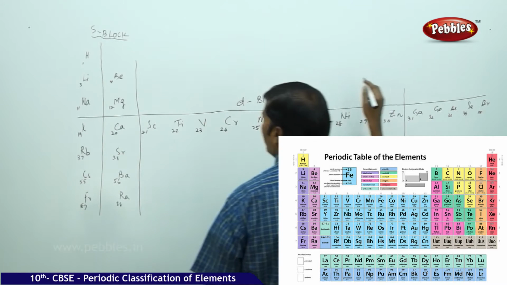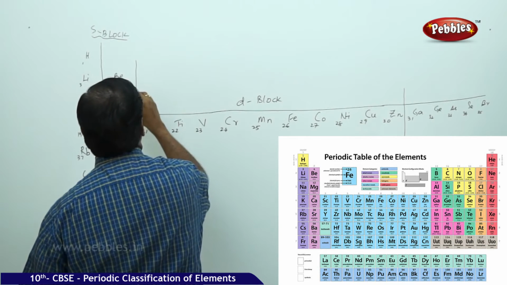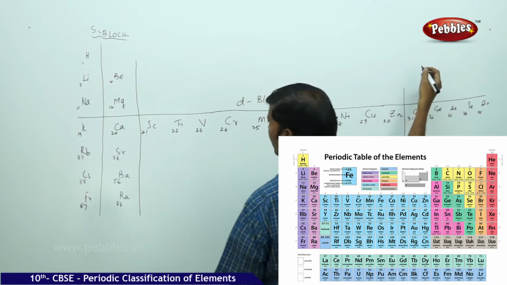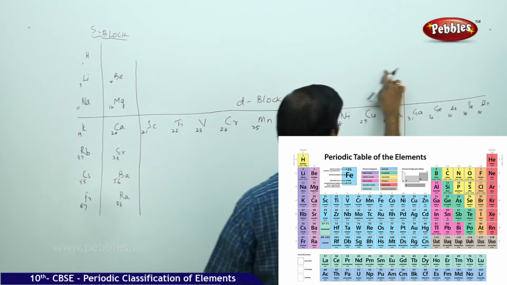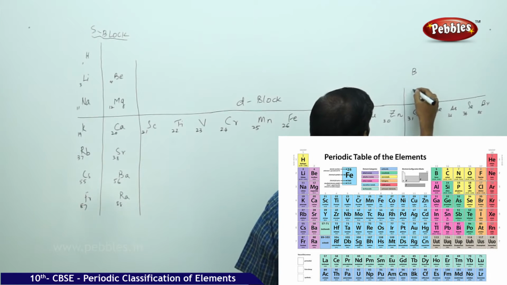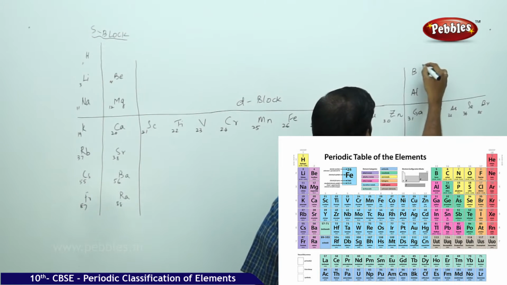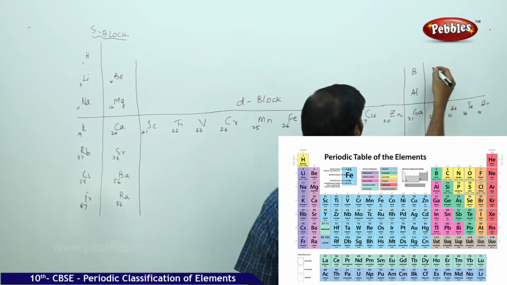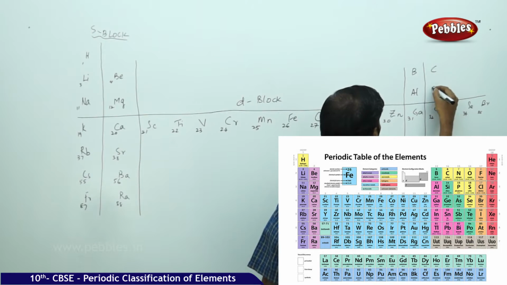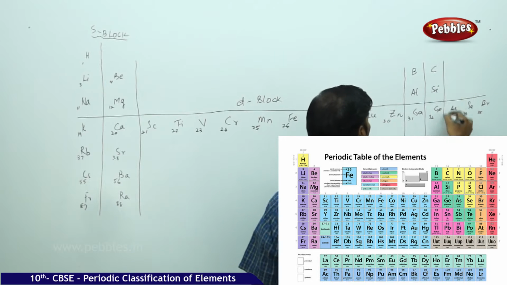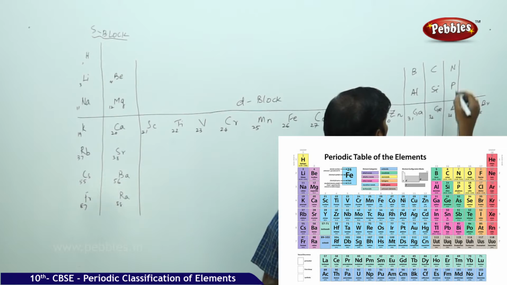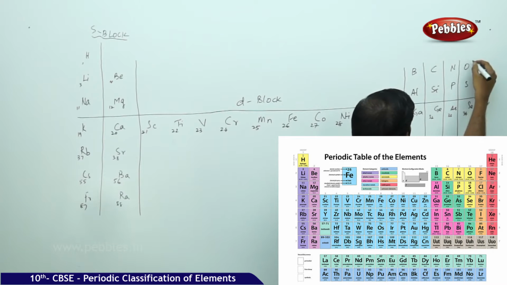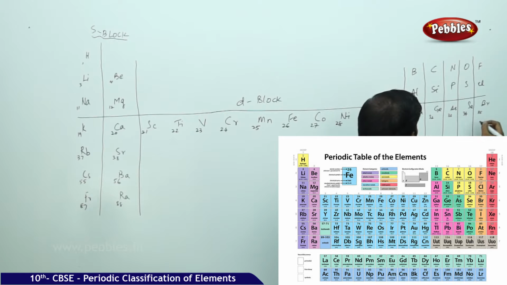Here, of course, lithium, beryllium, then boron, aluminum. Likewise, I can take carbon, silicon, germanium, nitrogen, phosphorus, arsenic, oxygen, sulfur, selenium, fluorine, chlorine, bromine.